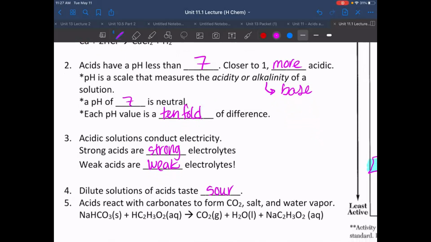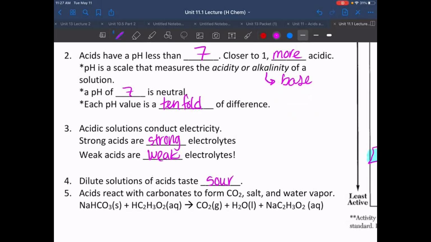And then lastly, anyone make a baking soda and vinegar volcano before? Here's the equation for it. What happens is that if you add baking soda with vinegar, vinegar being the acid, you're going to form carbon dioxide vapor and water vapor. So that's the bubbles that you see happening, and then a salt.